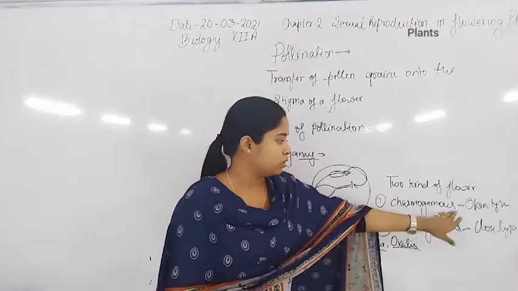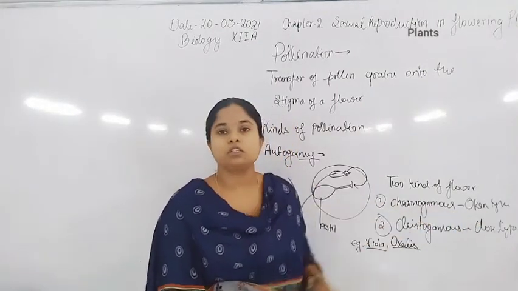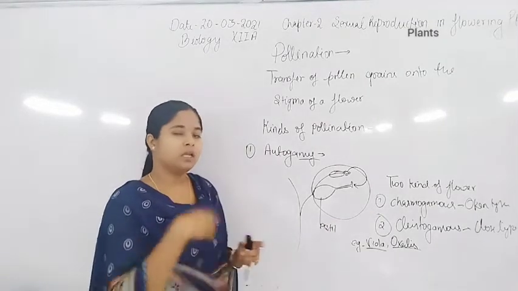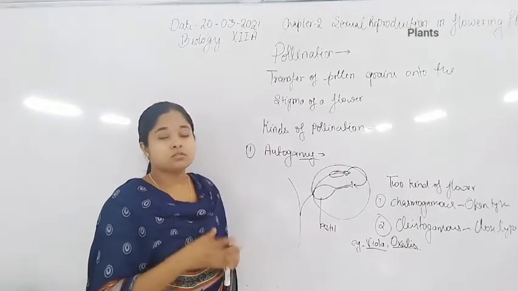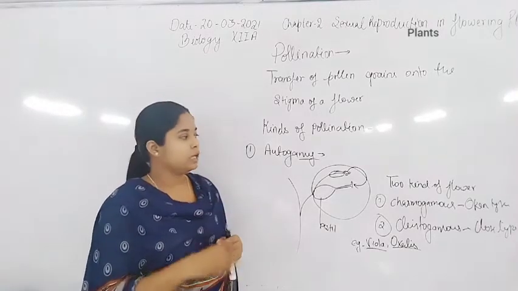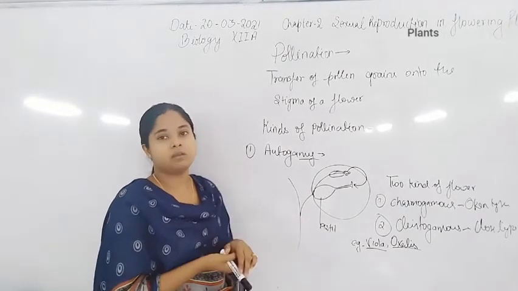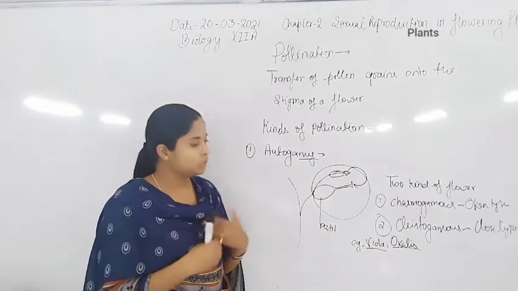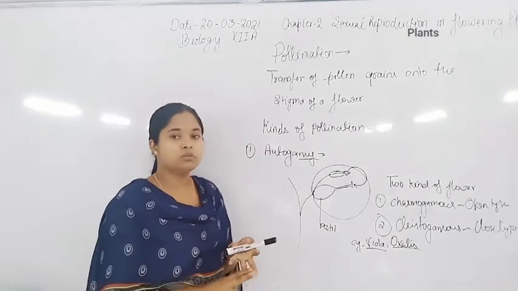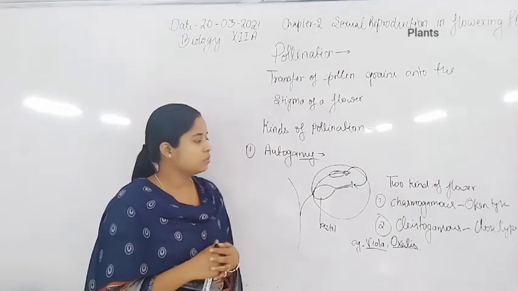But open type flowers sometimes also allow cross pollination, because if the flower is open type and there are so many flowers, other pollen grain can also reach onto the stigma of the flower. If the species are the same, then there is no question of compatibility, because if the species is the same, they are compatible for the same species of pollen grain.